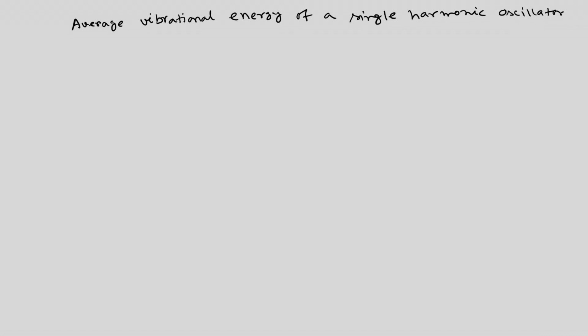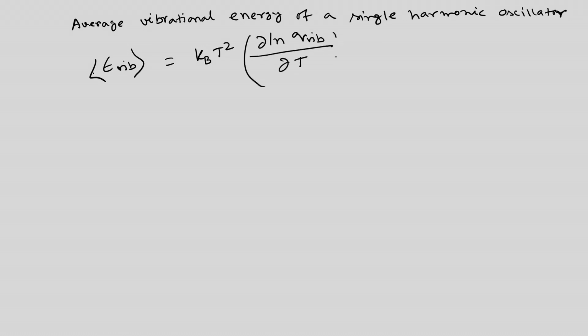We know how to calculate average energy. The average vibrational energy of a single harmonic oscillator we can write as kB T to the 2 del ln q vibrational by del T at constant volume, or you can write it as minus del ln q vibrational by del beta at constant volume.